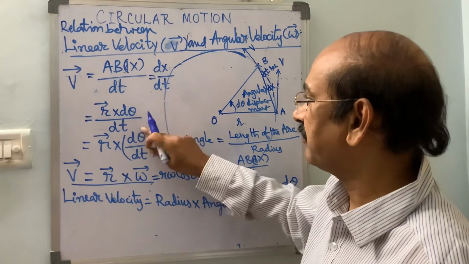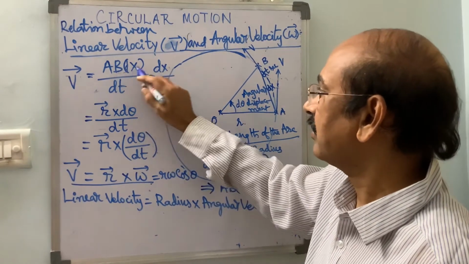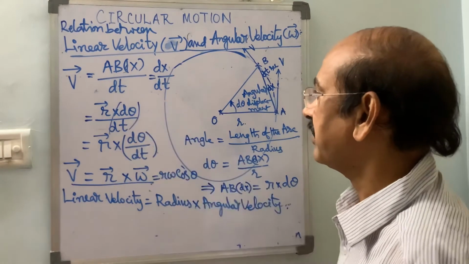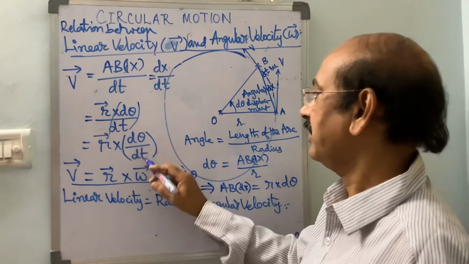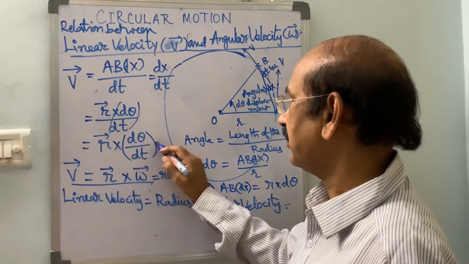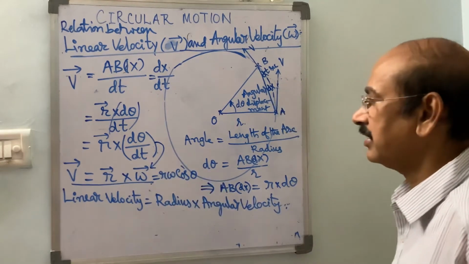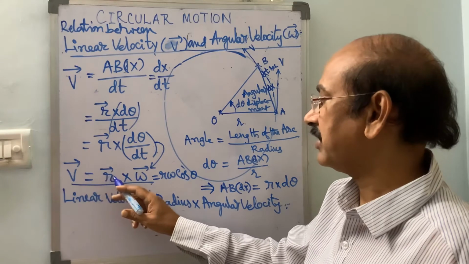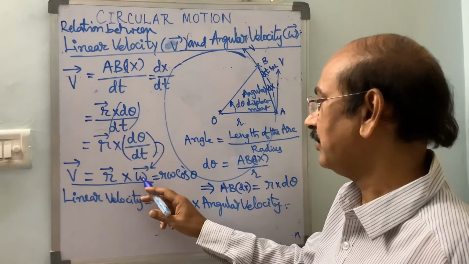We substitute this value, then writing separately, dx by dt is r into d theta by dt, which is equal to omega bar. d theta by dt is omega bar. Therefore, linear velocity v bar is equal to r bar into omega bar.